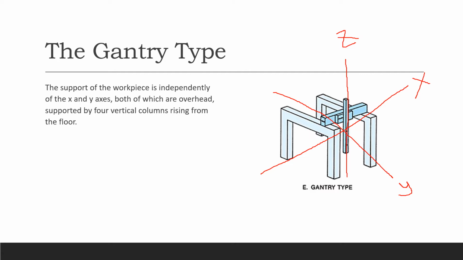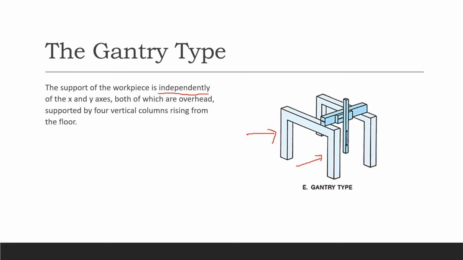The support isn't there. Why? Because it is independent. Both of which are overhead, supported by 4 vertical columns rising directly from the floor. These are your columns. There are 4 of them to stabilize the probe right here.